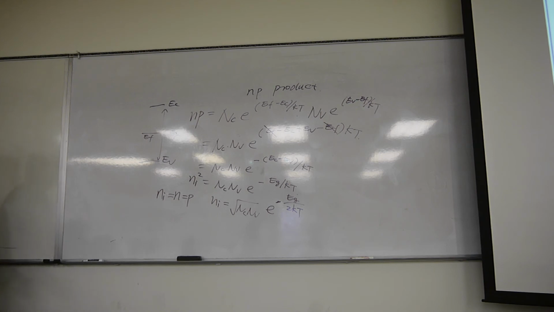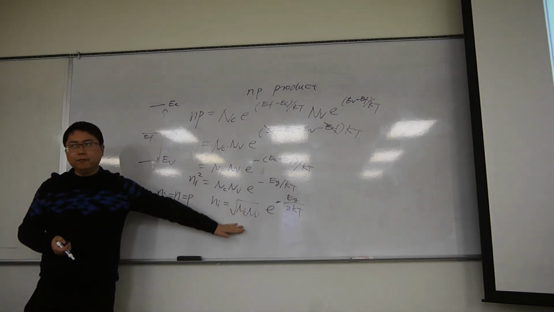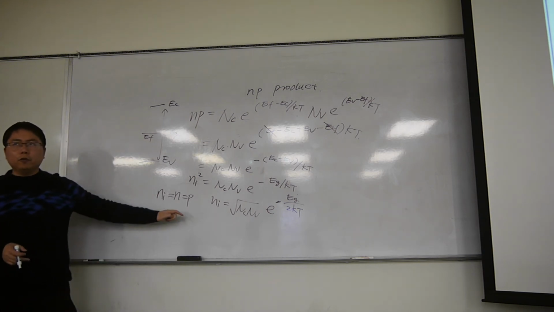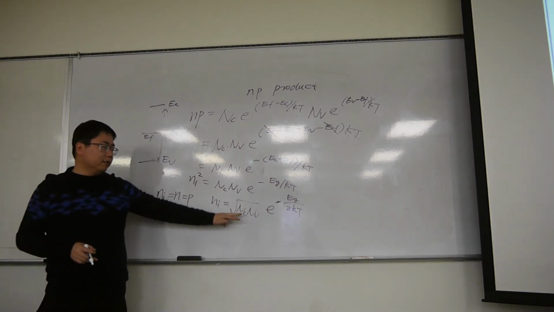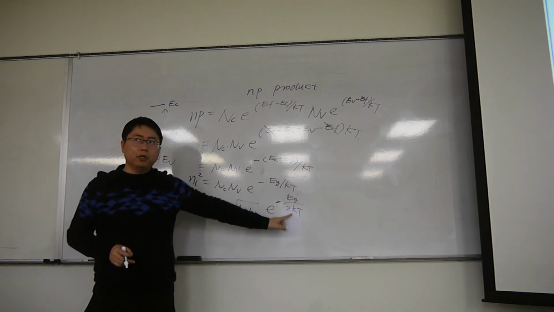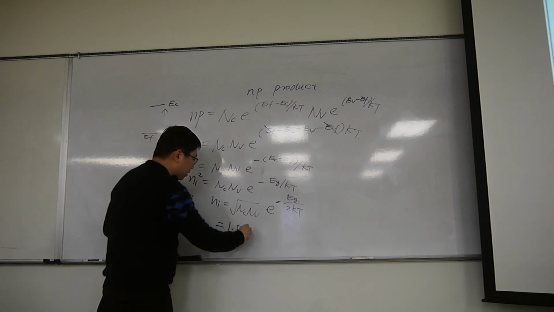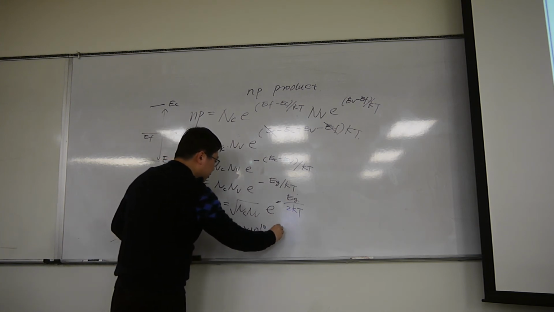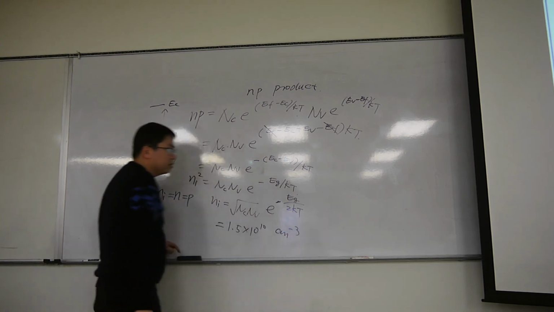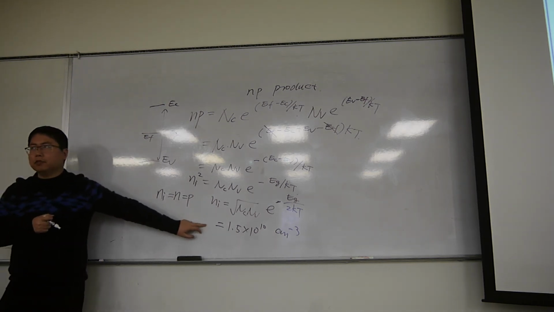So Ni is given by this equation. If you plug in the numbers for NC, NV, and EG, and assume room temperature, you will get the number you have seen before: 1.5 times 10 to the power 10 per cubic centimeter. You have seen this number in the previous lecture.